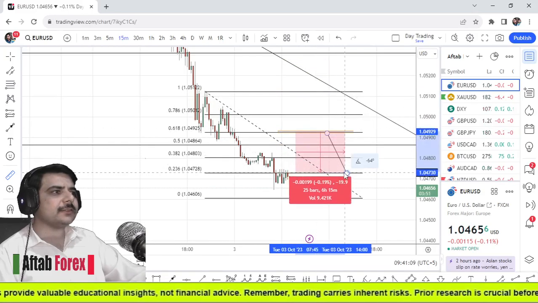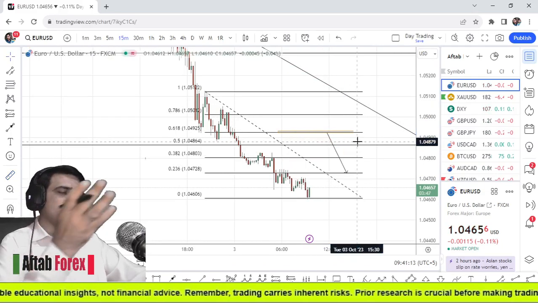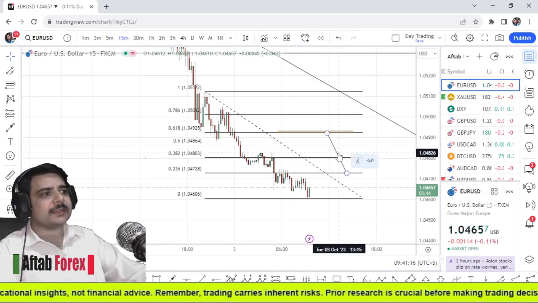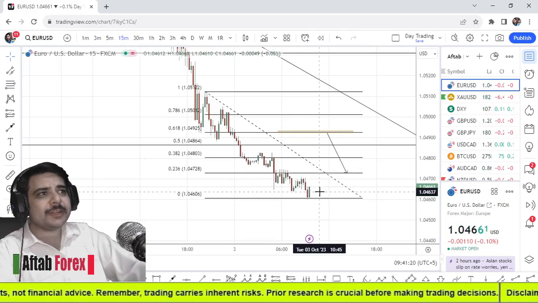Easily this 20 pips can be generated, and quickly you can move the stop to break even. So this is the intraday, and those who are looking for buy opportunities, this is why I am avoiding it.